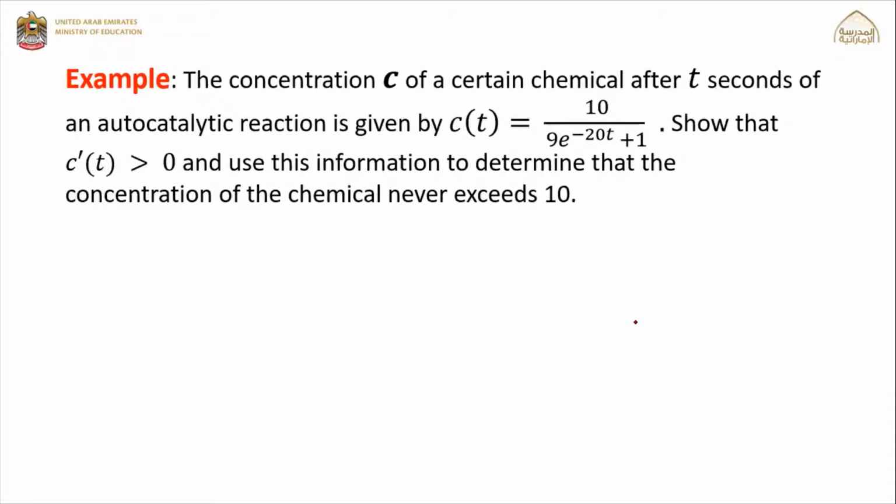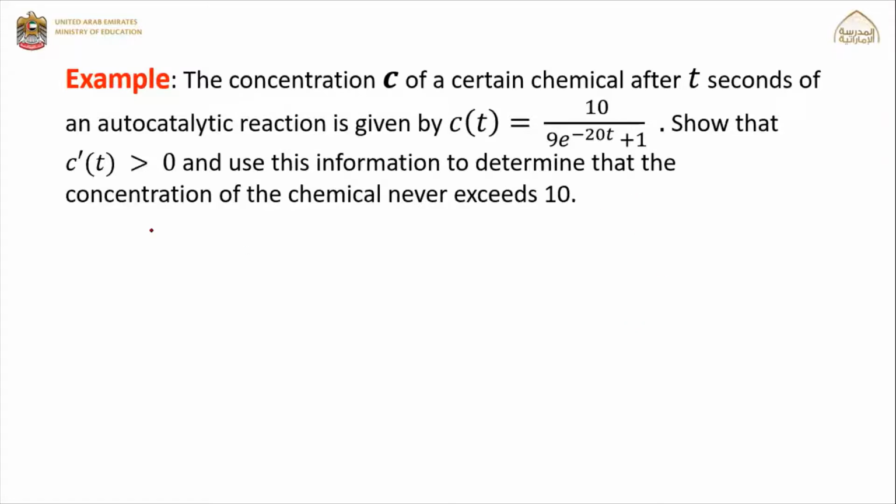In the second example, the concentration C of a certain chemical after t seconds of an autocatalytic reaction is given by C(t) = 10 / (9e^(-20t) + 1).